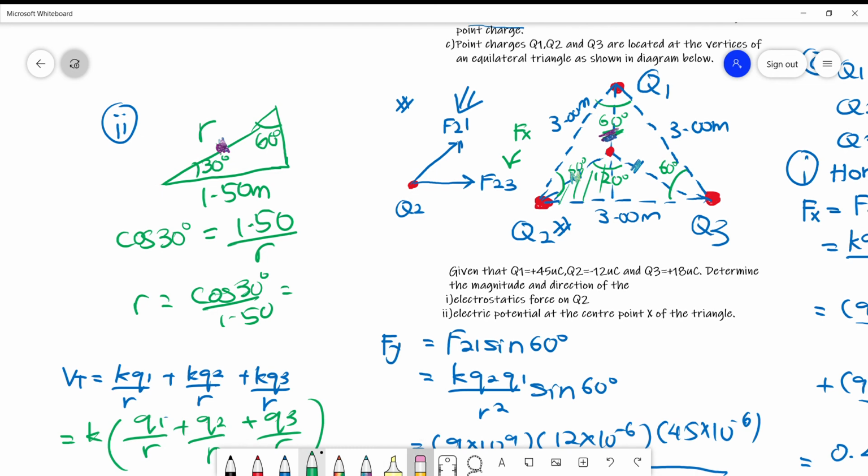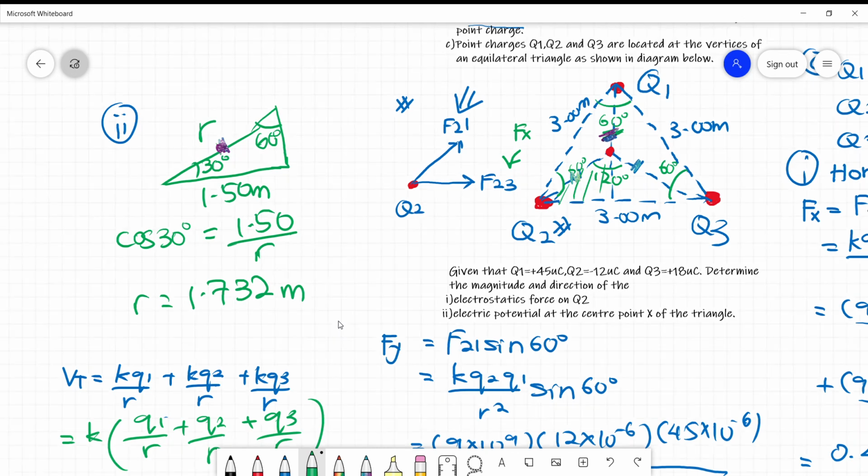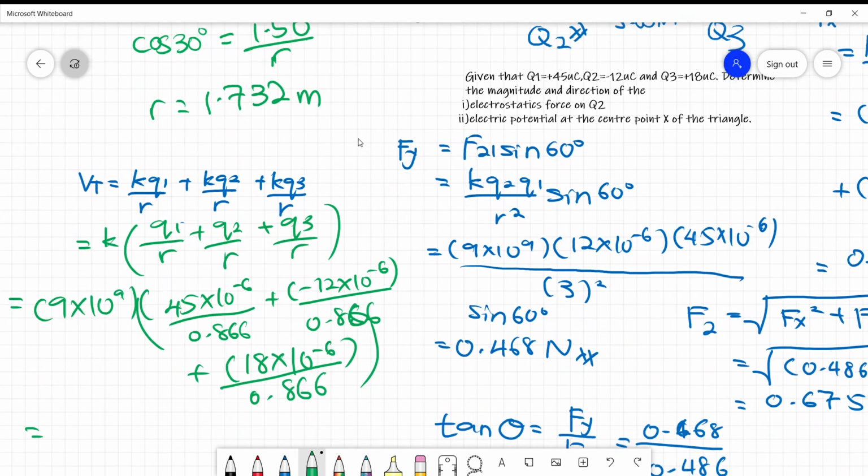Sorry, my mistake again. Why is it so confusing? Okay, I'm sorry, my mistake again. It should be 1.5 divided by cos 30 degrees. So this is the correct one: 1.732 meters. So I totally apologize for my mistakes.